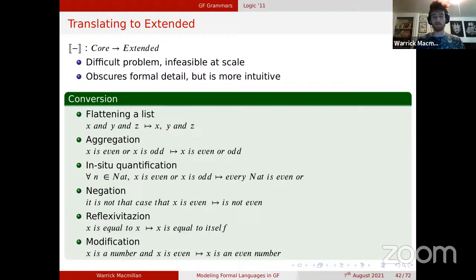You could just say everything in natural numbers is even or odd, which is missing here. Yeah, negation we saw earlier, reflexivization and modification. So basically, how do you come up with linguistically nuanced ways of saying things that, when spelled out in excruciating detail, may obscure their meaning?